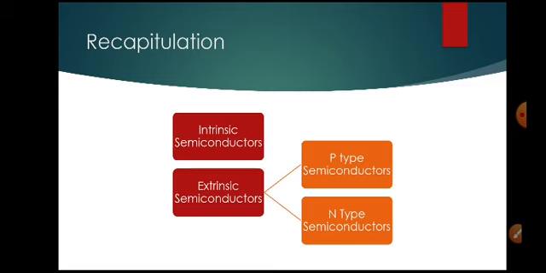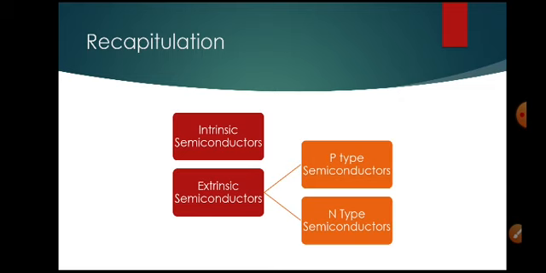To overcome these problems, we have to add some impurity or dopant or doping agent to the pure semiconductors, then we can increase its conductivity to required levels.